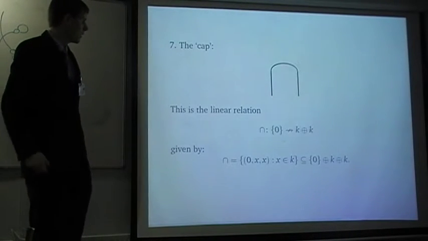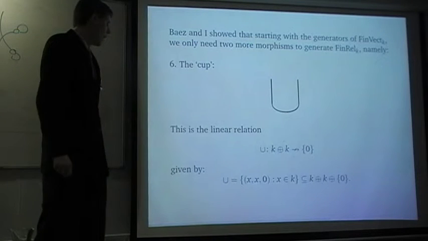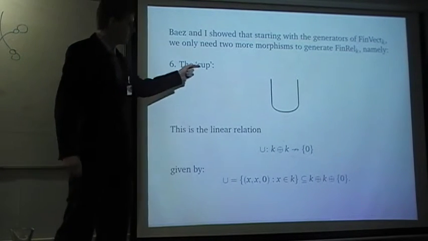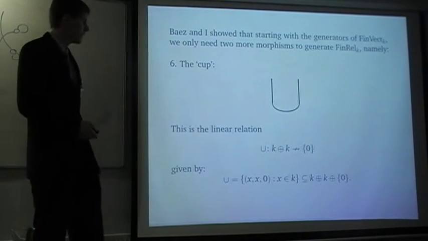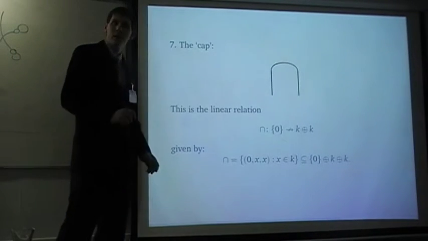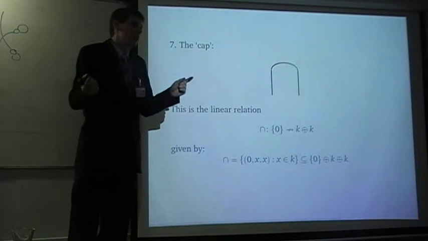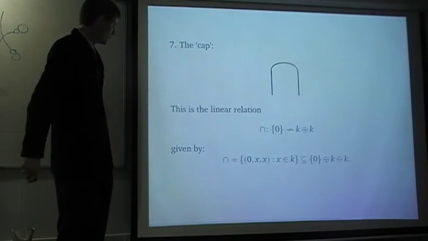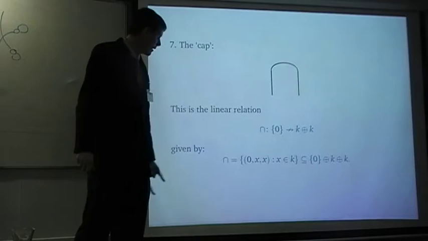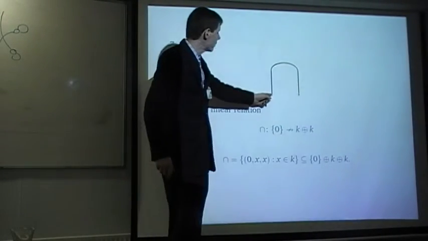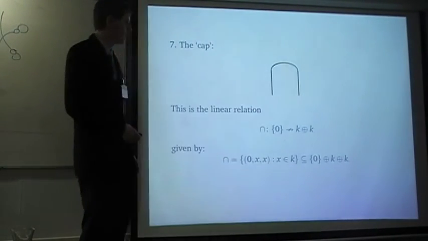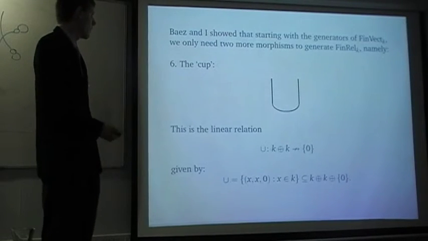So they're linear relations from the two-dimensional vector space to the zero-dimensional vector space and vice versa. And they just send a signal going the opposite direction. So whatever we have in one of these is going to match exactly what we have in the other one. And that's going to happen with both the cup and with the cap.